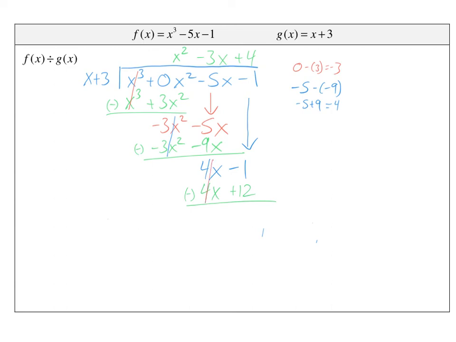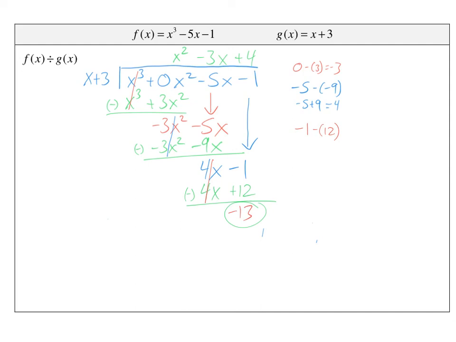And we're going to subtract down, now be careful, negative 1 minus a 12. Be careful there, is negative 13. There is nothing left to bring down, so this right here at the end is your remainder.